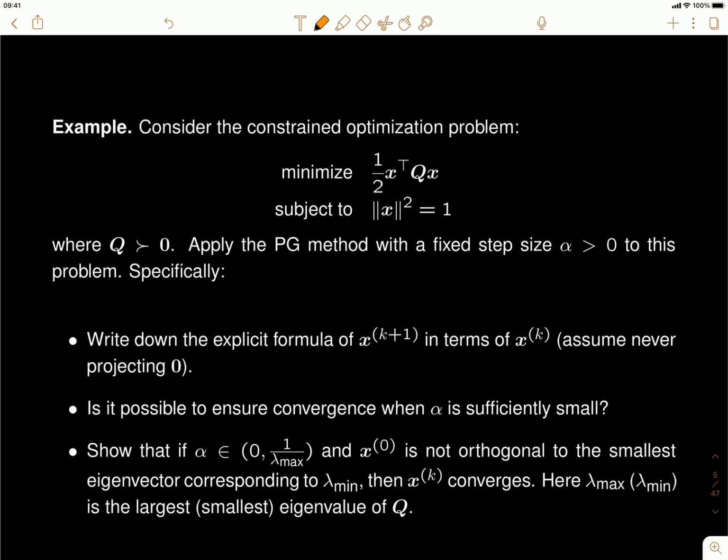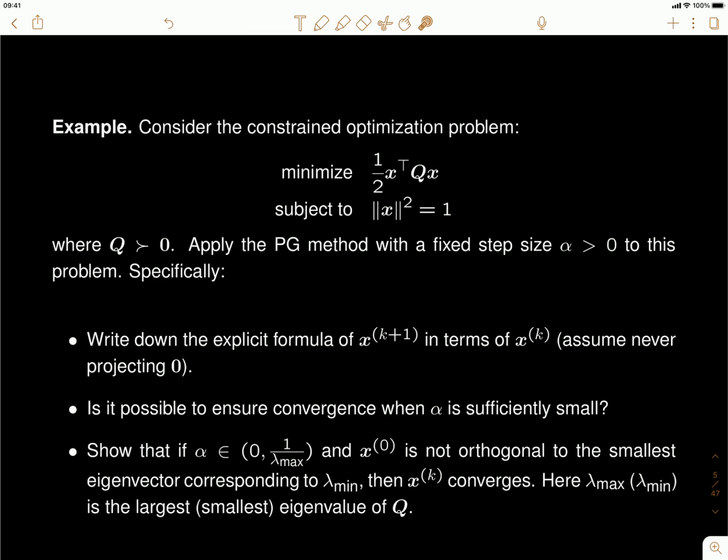Okay, now let's consider an example. Suppose we have this constrained optimization problem where the objective function is a quadratic function of x like that. The constraint is that the norm of x squared is equal to 1. So this is not a convex optimization problem. Remember that, because this one doesn't give us a convex set, since this is just the sphere, the surface of a ball, and that is not a convex set.